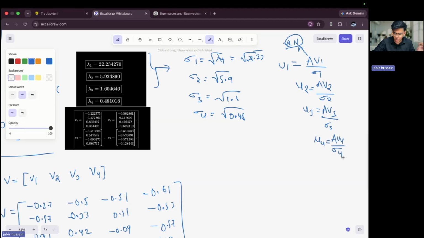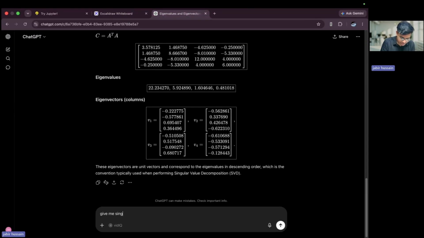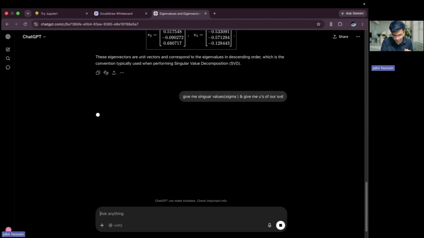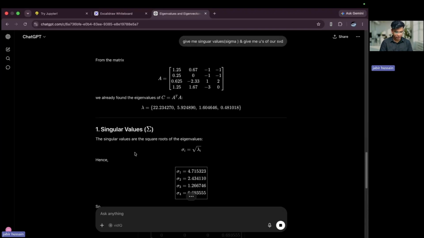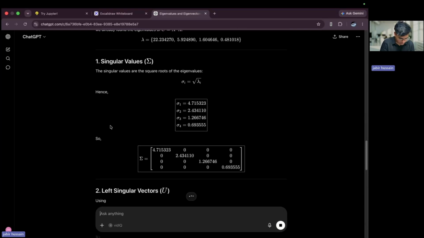So you can find U and the singular values. I'll just ask it to give me the singular values, which are our sigma, and give me the U's of our SVD as well. It is computing. Okay, we got our sigmas. Let me put it here.